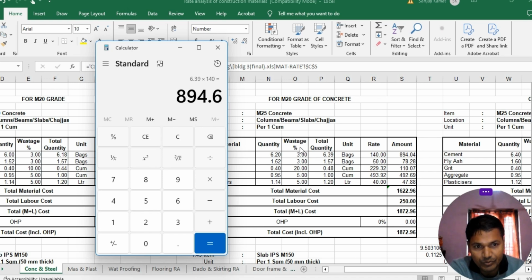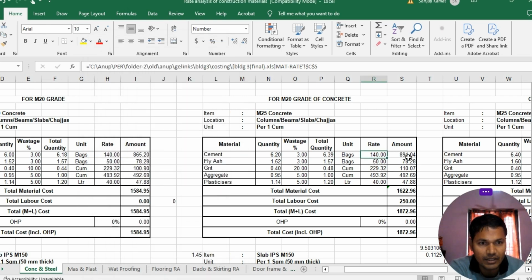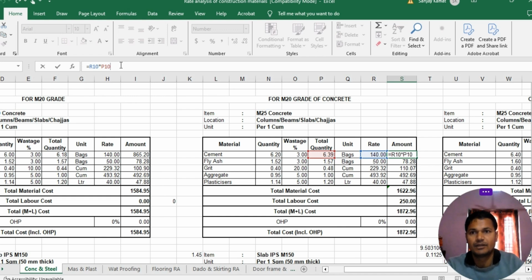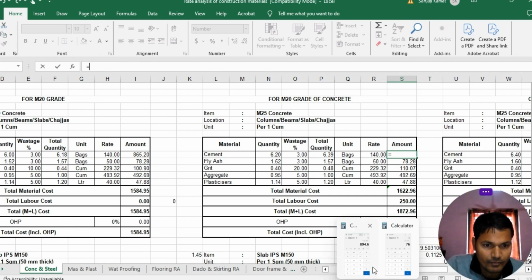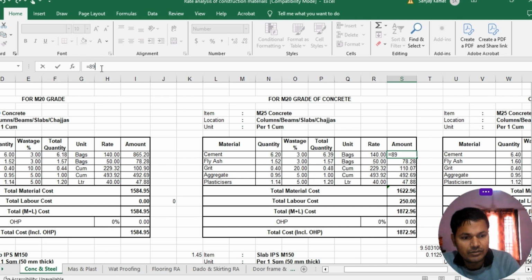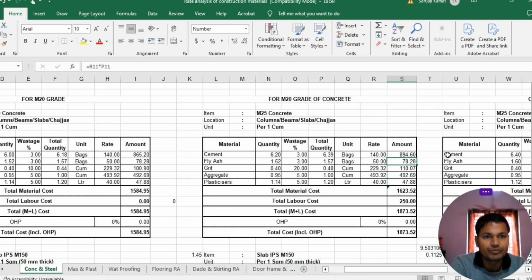So this will be the wastage. So 894.6. Okay, so you can write 894.6.